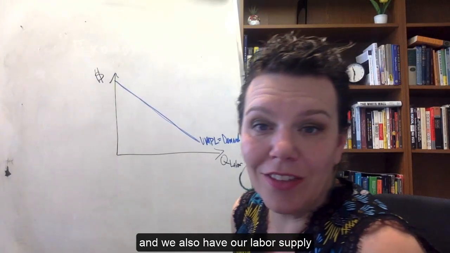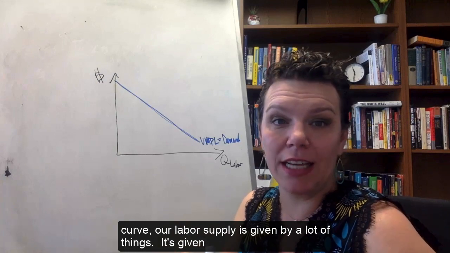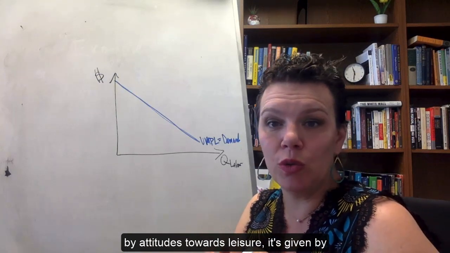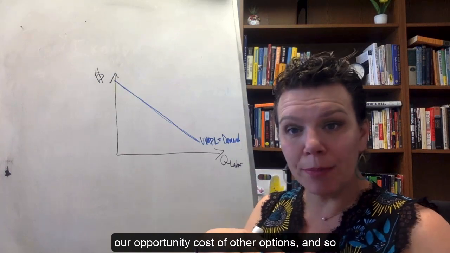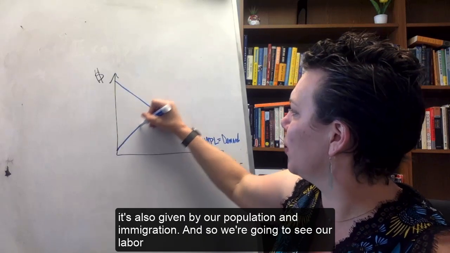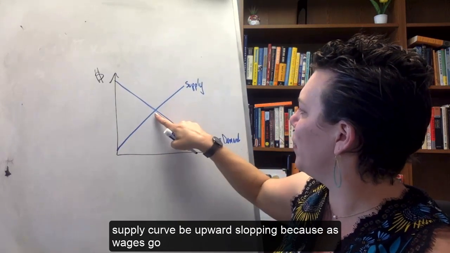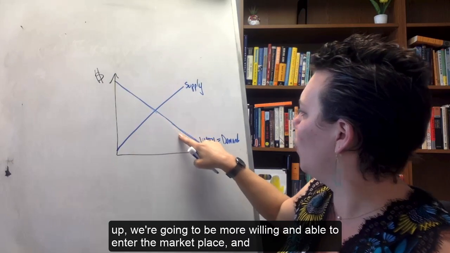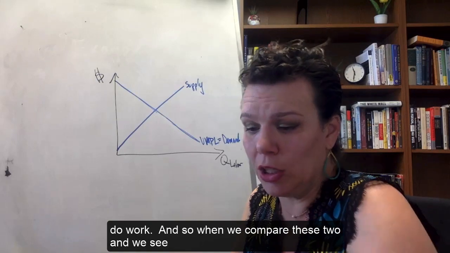And we also have our labor supply curve. Our labor supply is given by a lot of things. It's given by attitudes towards leisure. It's given by our opportunity cost of other options. And it's also given by our population and our immigration. And so we're going to see our labor supply curve be upward sloping because as wages go up, we're going to be more willing and able to enter the marketplace and do work.